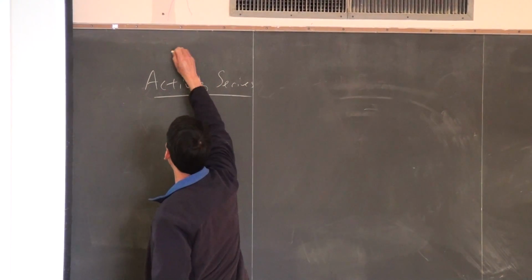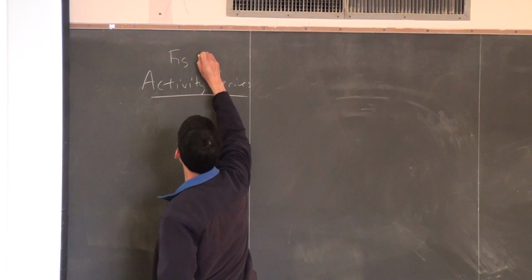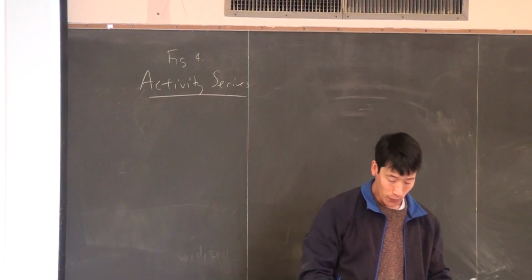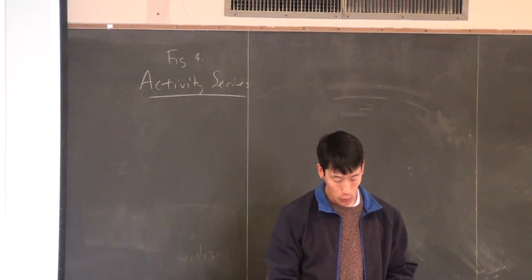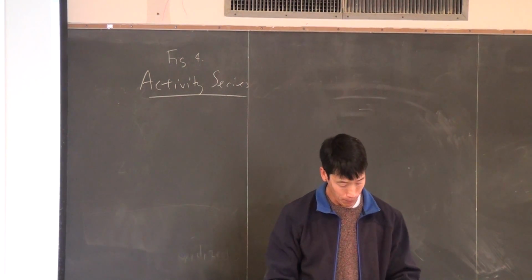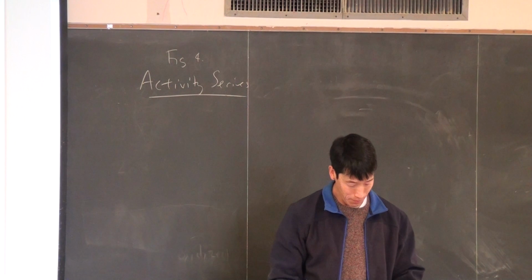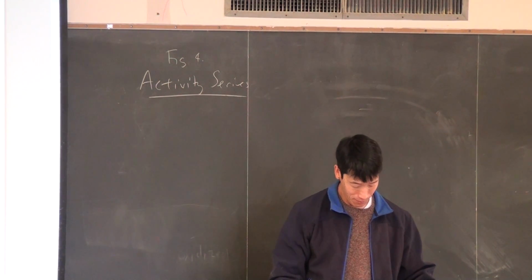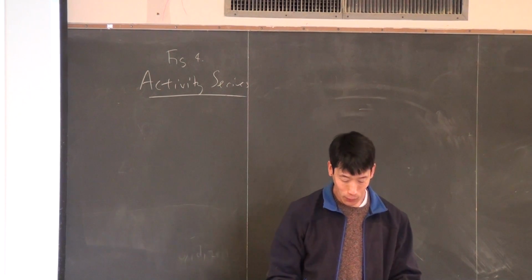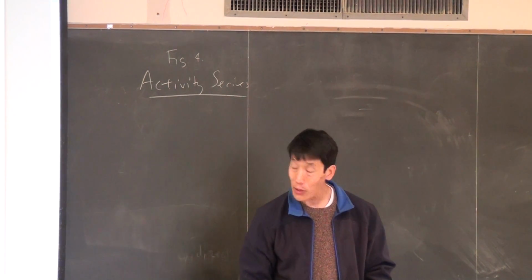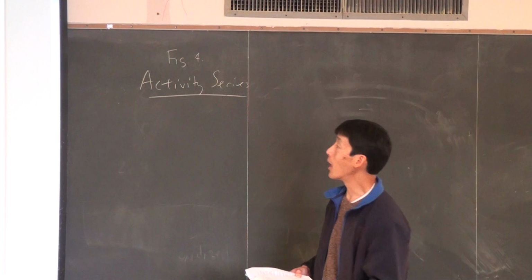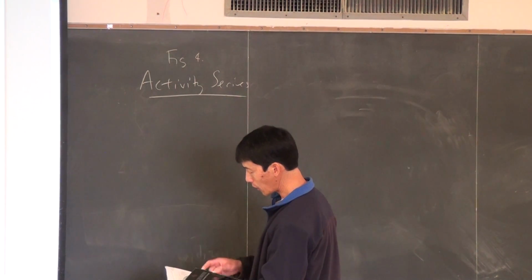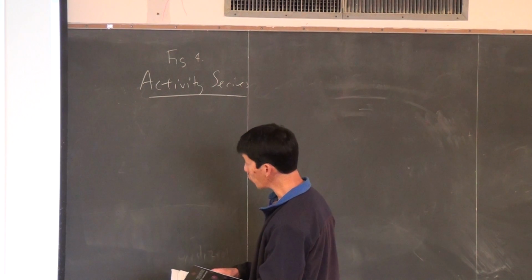This was figure 4.14 on page 117 in the textbook. Let's list these metals from there: aluminum, copper, zinc, iron, and silver. The most active metal of those is aluminum.